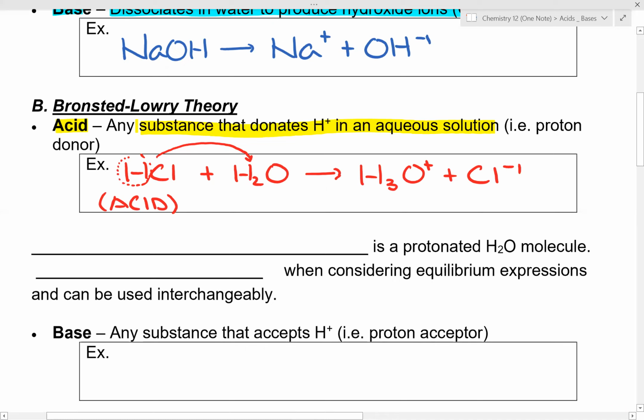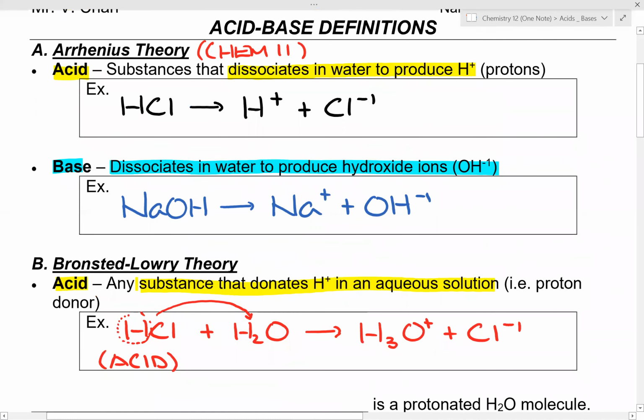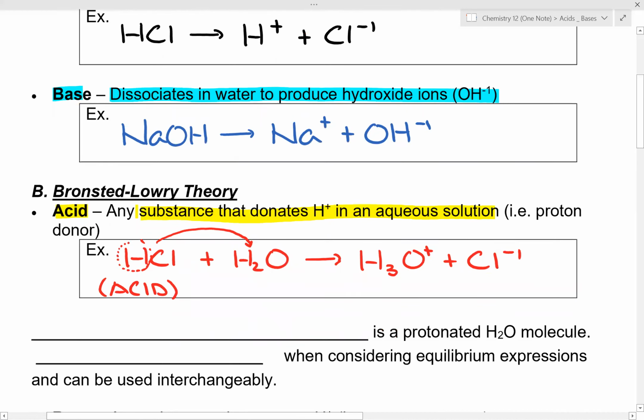Now, if you take a look at the products of both the Arrhenius theory of the acid and the Bronsted-Lowry theory of the acid, you notice the chloride ions are produced. But while one produces H plus, the other produces H3O plus. Is there a difference?